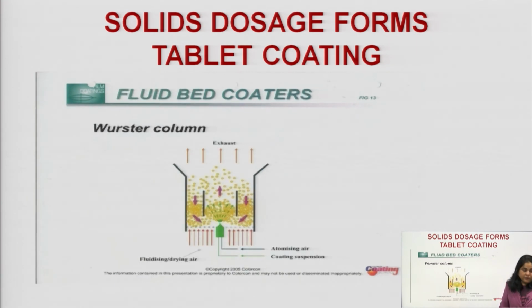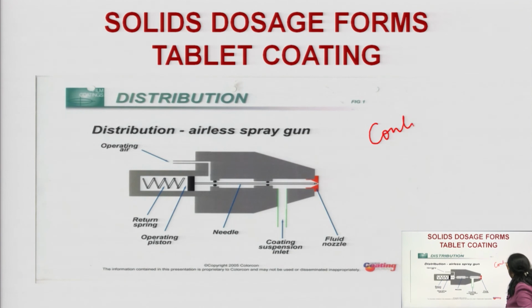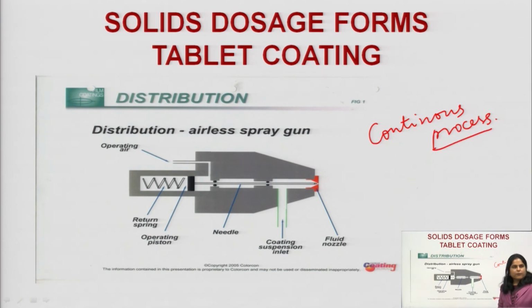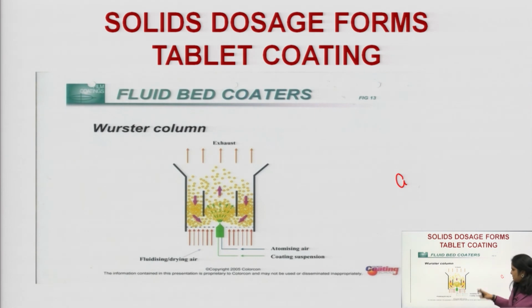Then the next one is the Wurster process. This Wurster process is very important because it is a continuous process. Here is a spray nozzle which sprays the coating solution onto the tablet bed along with atomizing air, which helps the coating solution atomize into smaller droplets.